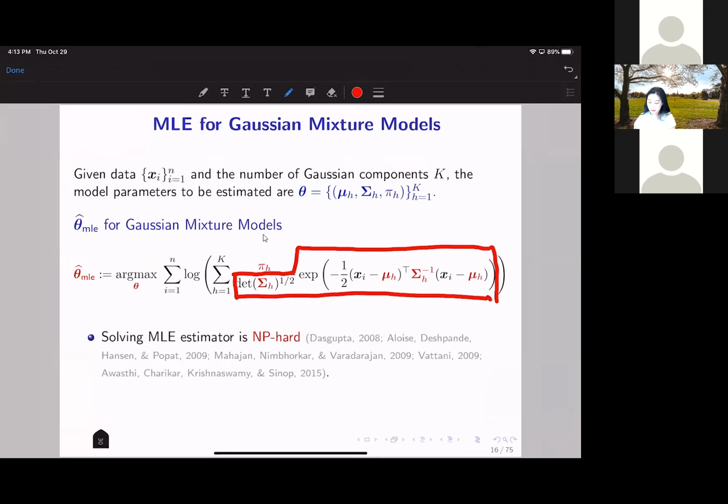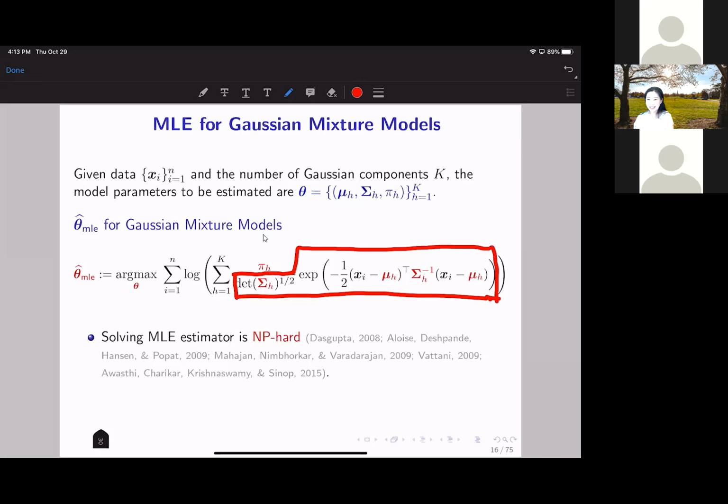Can someone tell me what is in the box here? I know this is a Gaussian, but what is it?